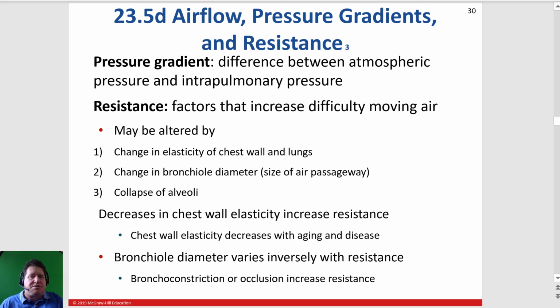What can cause resistance? Maybe changing elasticity of the chest walls and lungs. So it may be that the thing that causes the pressure changes.